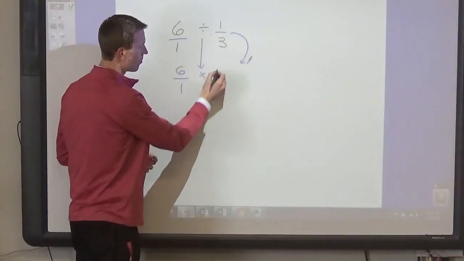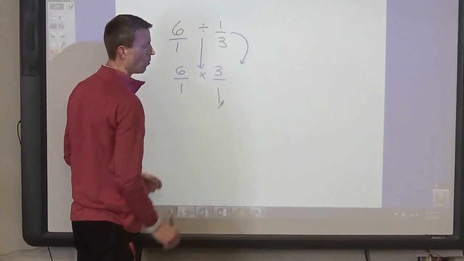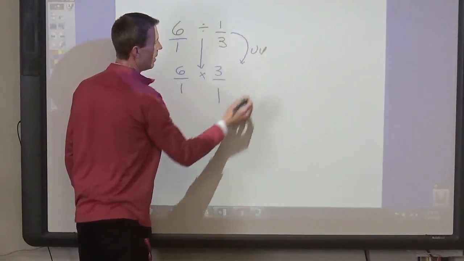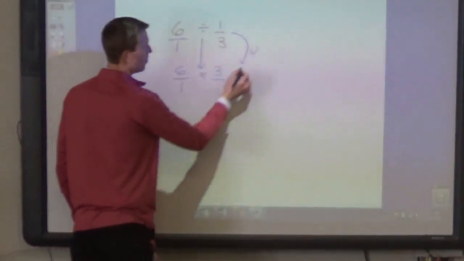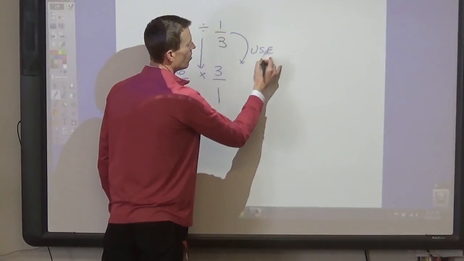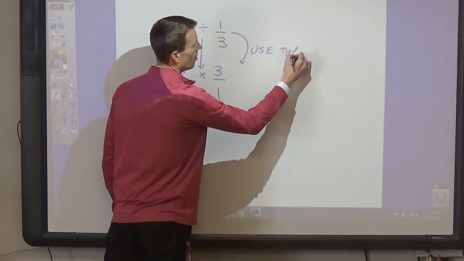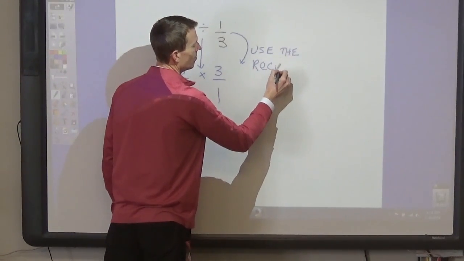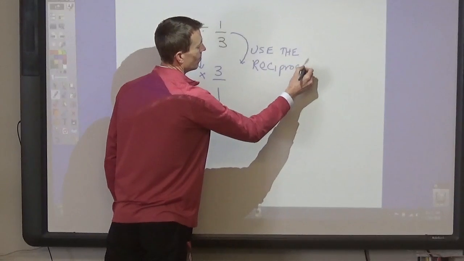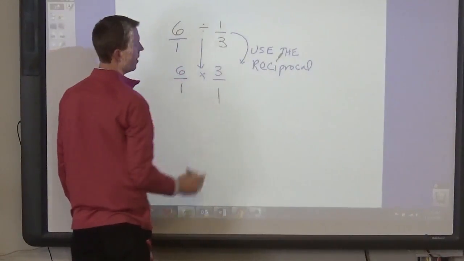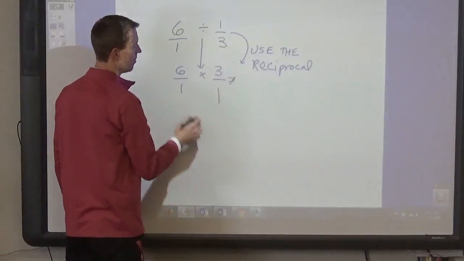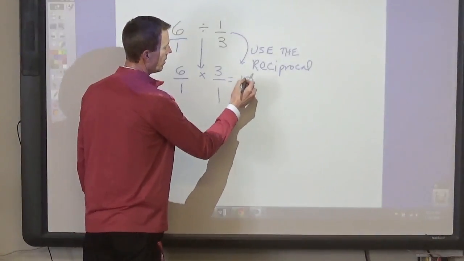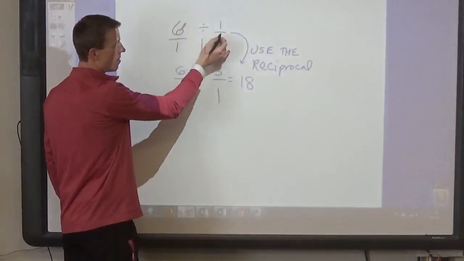Andreas? Flip it over like 3 over 1. Yep. We use the reciprocal. Okay? And then multiply. 6 times 3 is 18. So that means that is the answer.